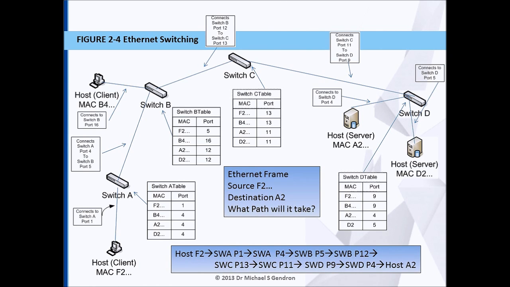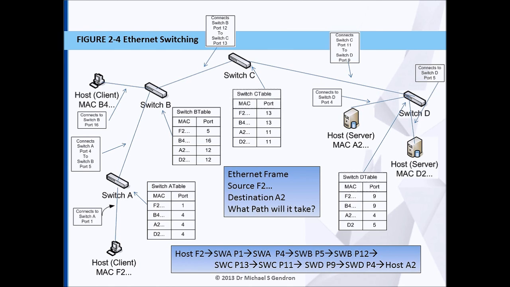So the question becomes, what path will it take to get a frame from host F2 to host A2? So let's follow this through. Host F2 sends its frame to switch A, port 1.